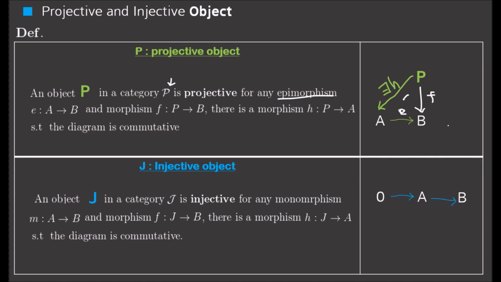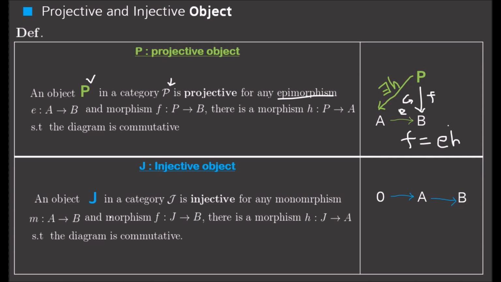Then the commutative relation means F is the composition of H and E. If this commutative relation holds, then the object P is projective. This is a similar concept to a projective module, but it is a generalization.